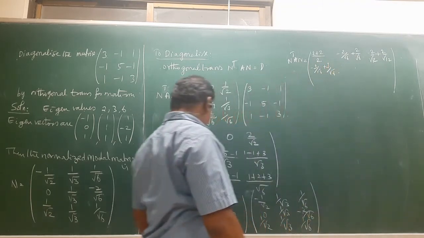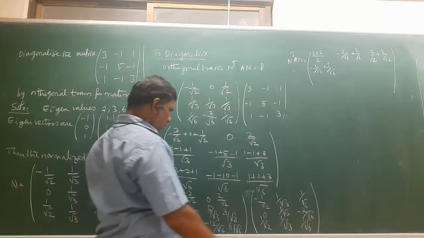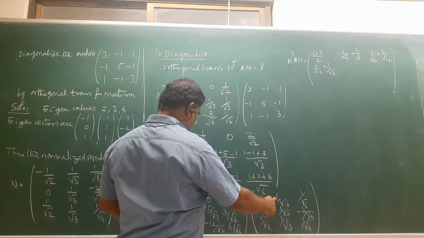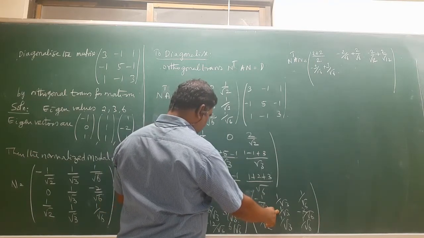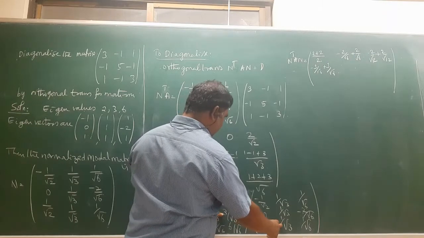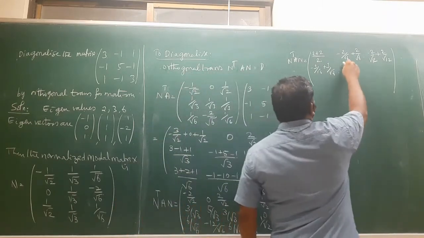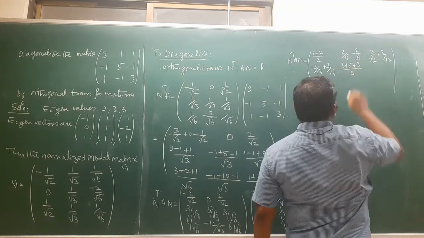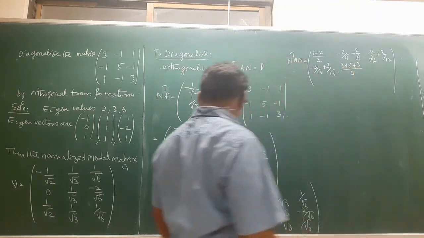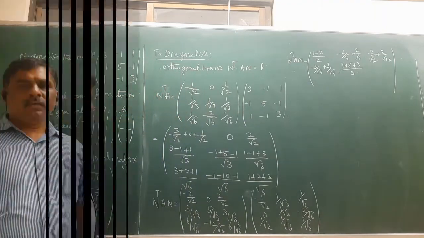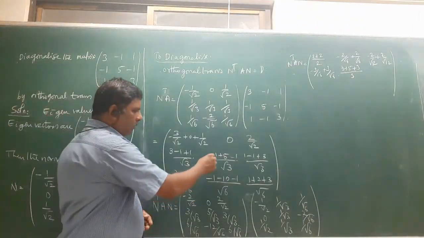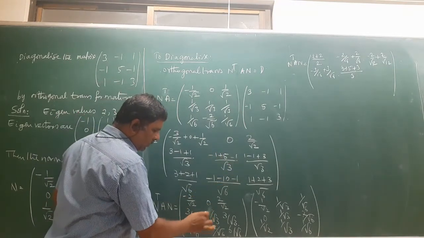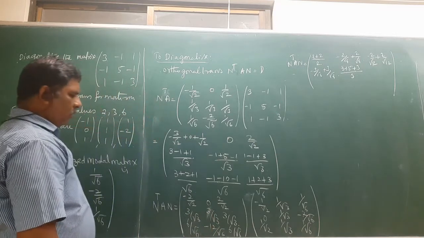Second one is 3 by 3 plus 5 by 3 plus 3 by 3. See here, it is minus 1 plus 5 minus 1, then it is not 5, it is 3 by root 3.